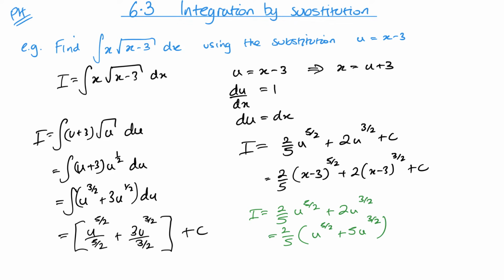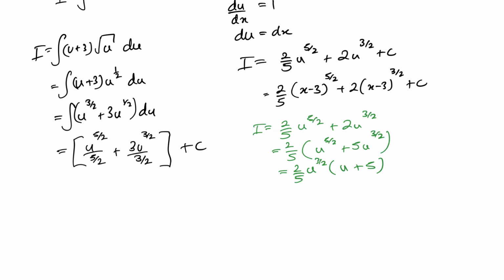So if I take my constant out, the 2/5, this is what I'm going to get. Now I want to take out the algebraic part, so common to both is u to the 3/2. That'll leave me with u plus 5 in my brackets. Now, if I substitute back in my u, which we know is x minus 3, we get x minus 3 plus 5 in that bracket.